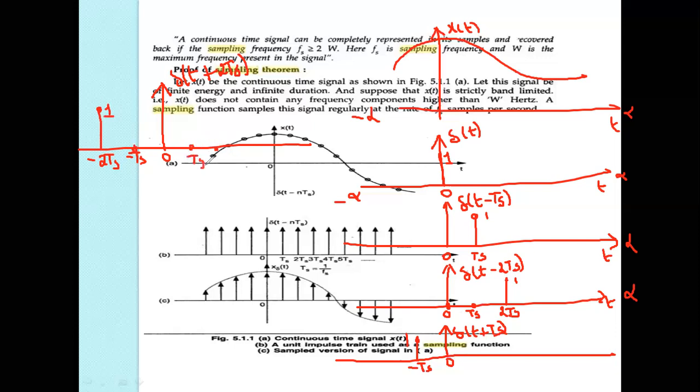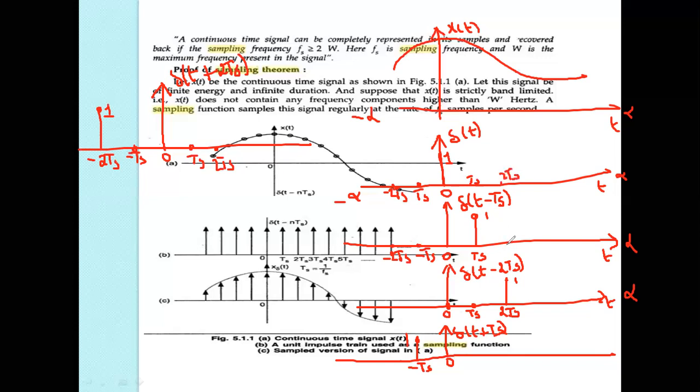Okay, these are ts, 2ts, and all the values also here. Minus ts, minus 2ts. This is 0, and here also 0. Minus 2ts, ts is a value here. There is 0 and 0, and here the ts is there, and 2ts.